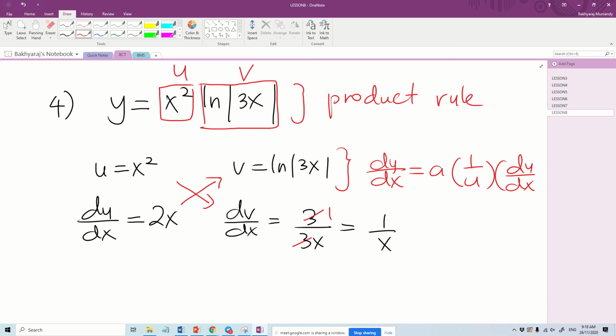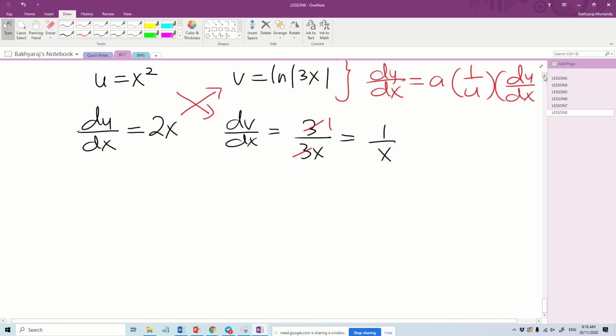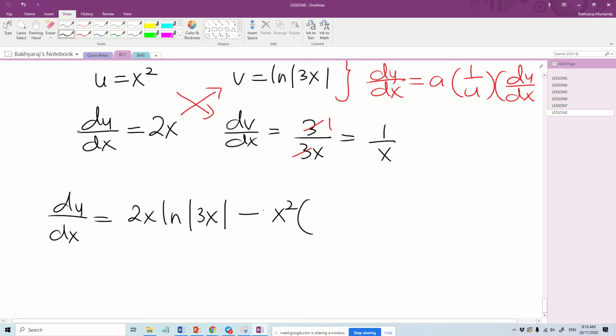Okay, kita masuk dalam formula. What is our formula? dy dx equal 2x log 3x plus x square times 1 over x.